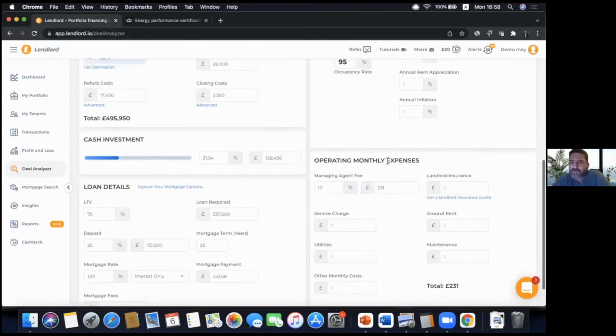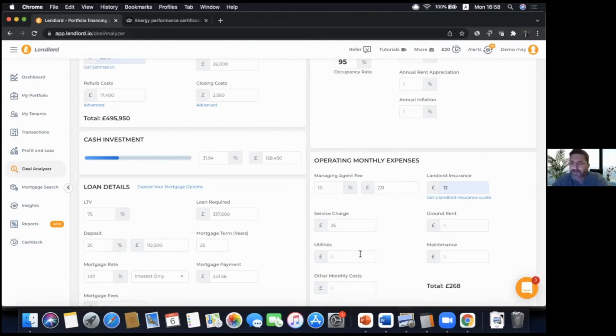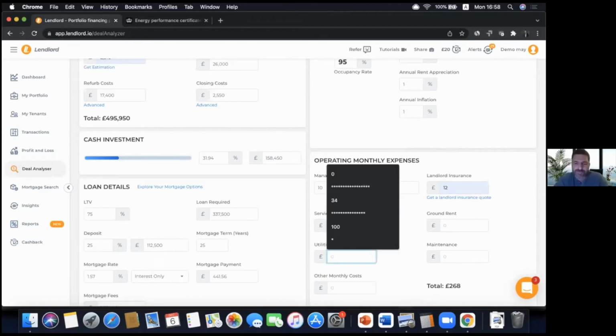Then I will go to the operating monthly expenses. If I'm going to use a managing agent, what are going to be the fees, the landlord insurance, if there is a service charge that I need to include, any payments on utilities.